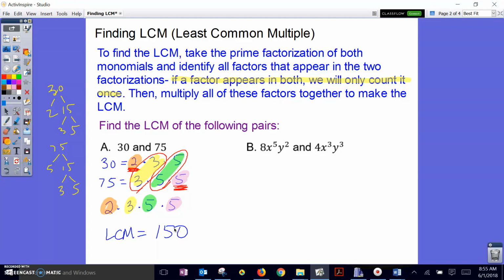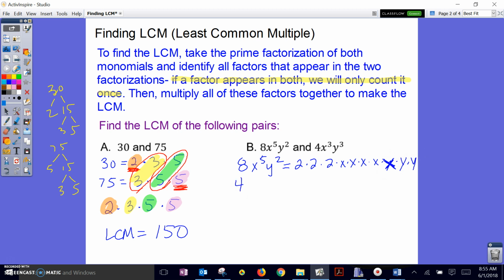All right. Let's do the same thing with our second pair here, 8x to the 5th y squared. That's equal to 2 times 2 times 2 times x times x times x times x times x times y times y.